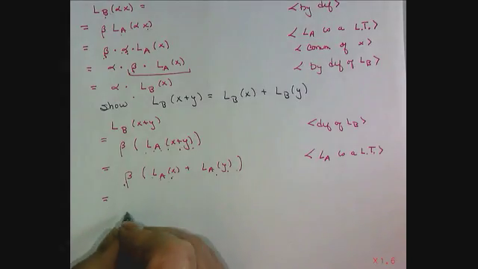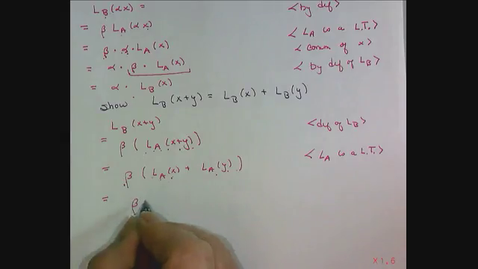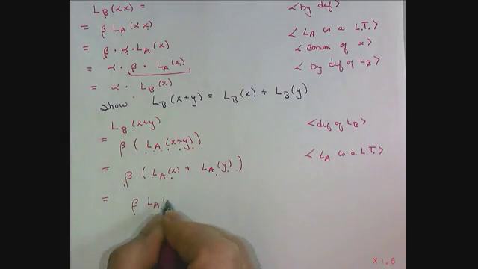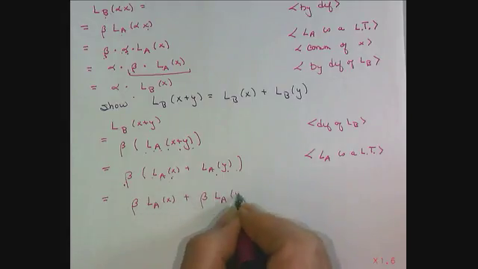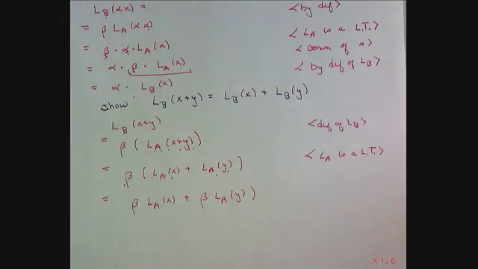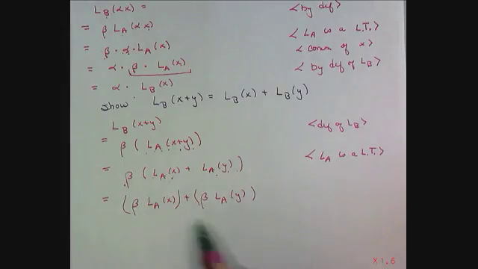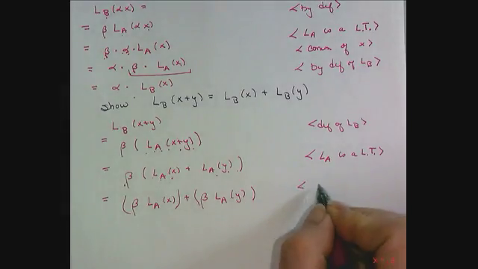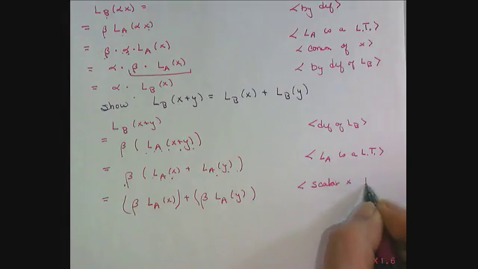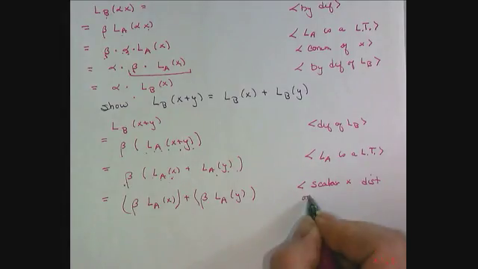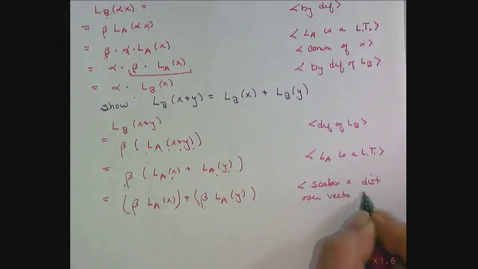So this is equivalent to beta times L sub A of x plus beta times L sub A of y. If I wanted to put parentheses around these, I could. I didn't have to. And this is because scalar multiplication distributes over vector addition.